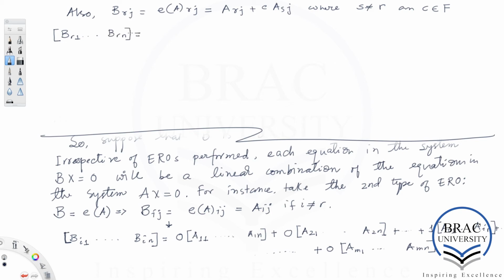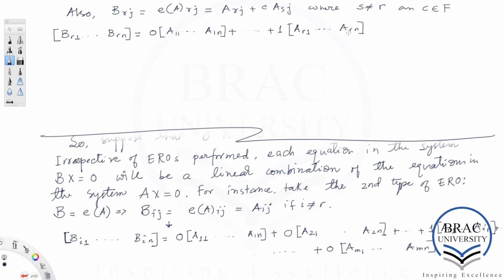This is equal to 0 times the first row, A11 all the way up to A1N, then 1 times, the one from the field F, 1 times the rth row, AR1 all the way up to ARN.